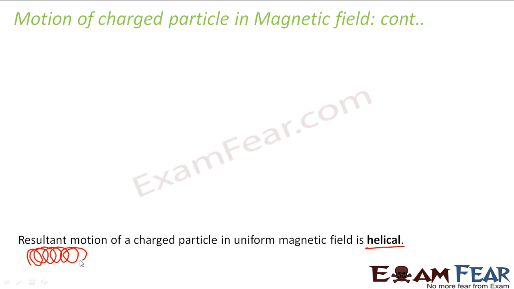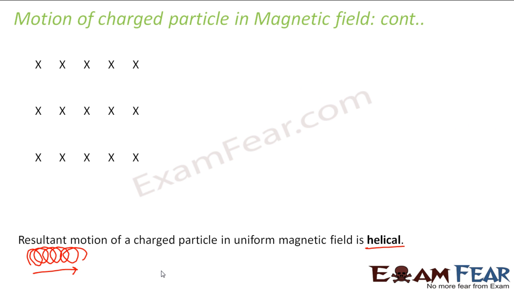That means it is moving in a circular path as well as in a linear path. The circular path you can see clearly, and the linear path is this path which it is covering. So circular motion plus linear motion gives rise to helical motion. If you look at this, you will understand it better. For example, here it is moving in a circle. Let us suppose it moved in a circular path like this, and the same particle moved along a straight line path like this.